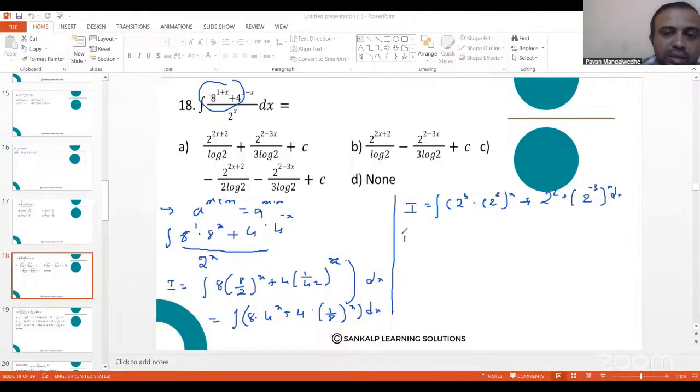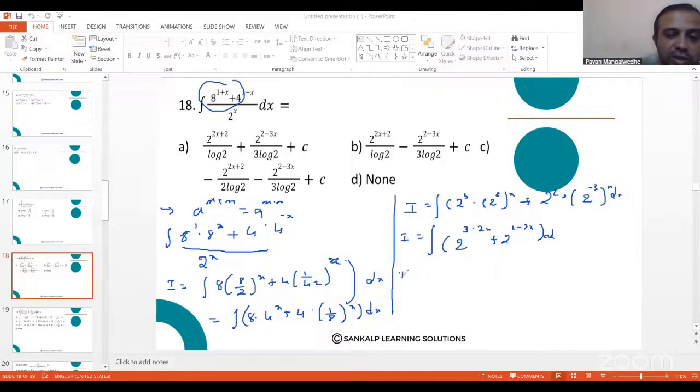Now I is equal to the integration of 2 raised to (3 into 2x plus 2) into 2 raised to (2 minus 3x) dx. So using the integration formula, that is, the integral of a raised to kx dx is a raised to kx by k, integration of a, plus c.